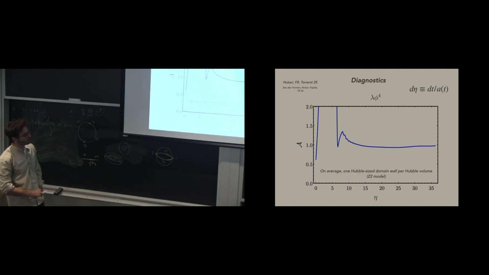This is conformal time in the simulation. So you see there is a transient regime at the beginning of the simulation where this parameter is time dependent, but then at the end it settles down to a constant value. Okay, so that's exactly the point. That's exactly showing that indeed the network achieves this scaling regime where there is approximately one Hubble-sized wall per Hubble patch.